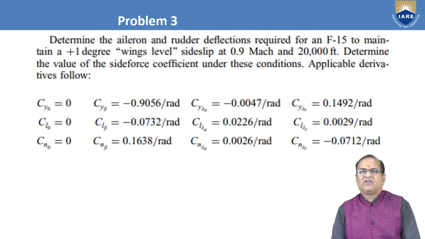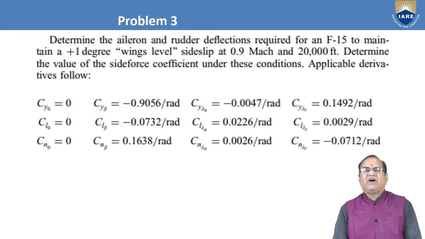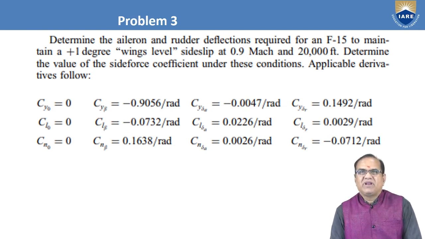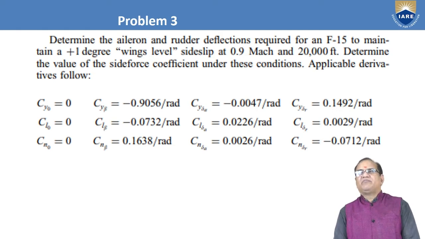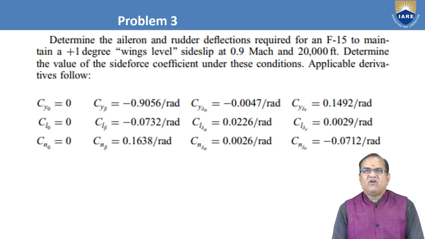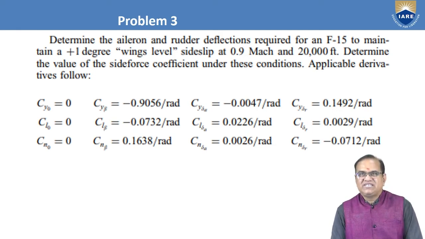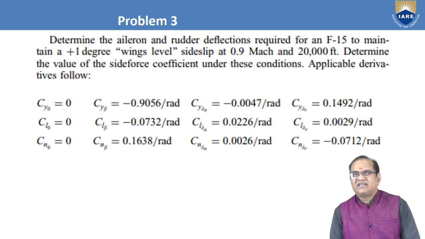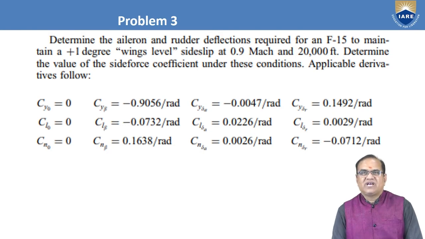Now I am going for the next problem: determine the aileron and rudder deflection required for an F-15 to maintain a plus 1 degree wing level side slip at 0.9 Mach and 20,000 feet. Determine the value of side force coefficient under these conditions. Derivatives are given below.